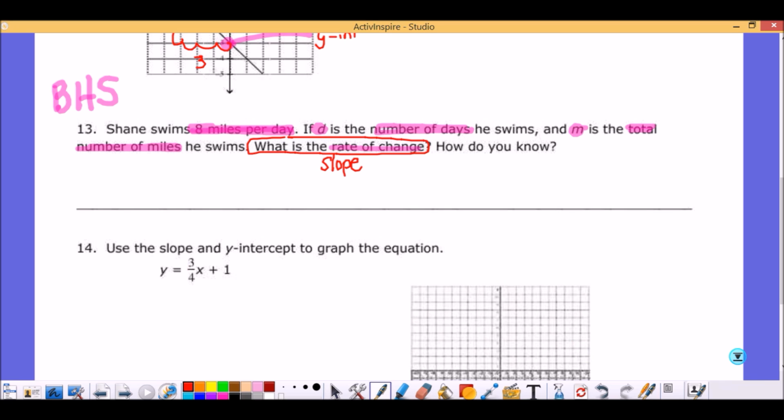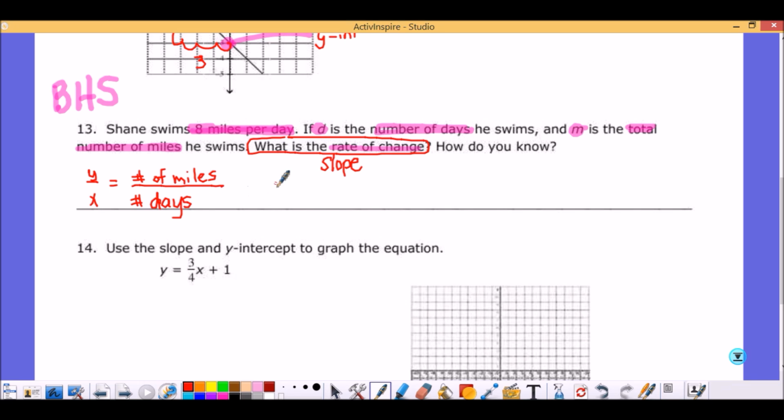All right, so what they've given me is slope is y over x. So what they gave me instead were different letters. Y talks about the number of miles Shane swims, and the x represents the number of days. So what would be his rate of change?